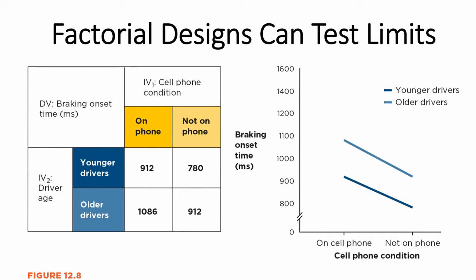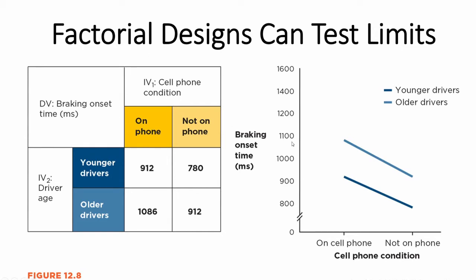We're looking at, is our relationship of performance being worse when you're on the phone versus not on the phone, is that relationship the same for different age groups? Is it the same for driving different vehicles? When is this relationship consistent and applicable, and when does it not generalize?